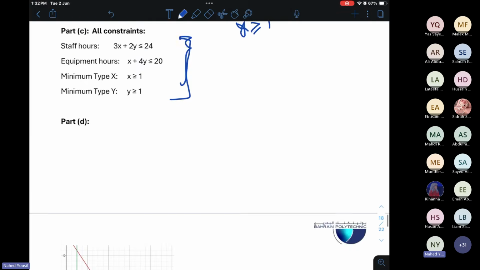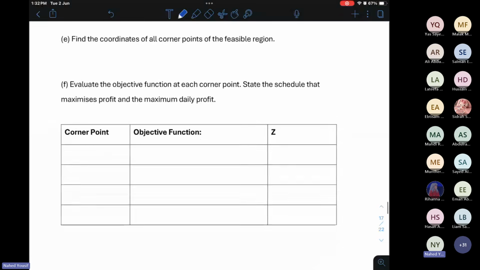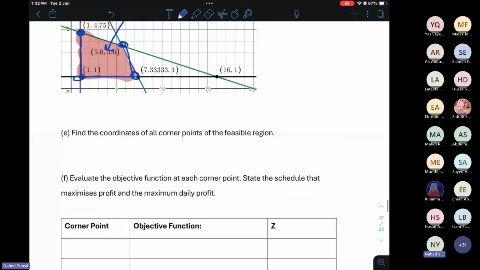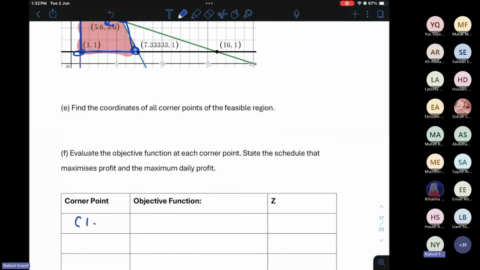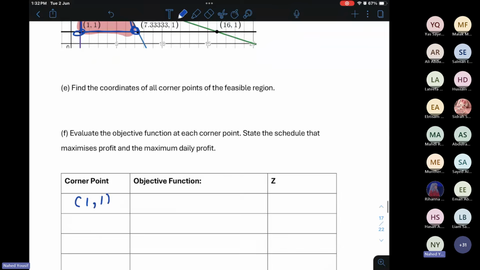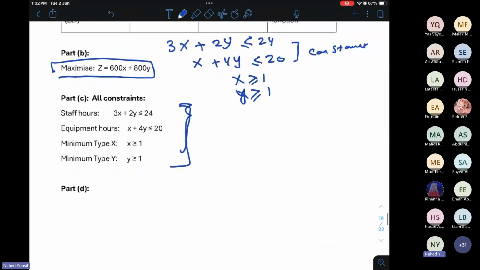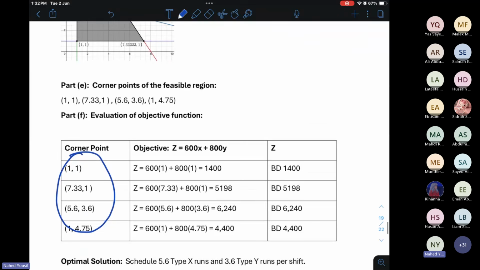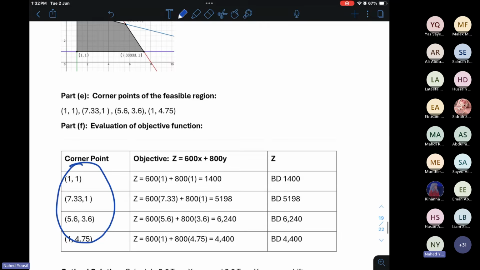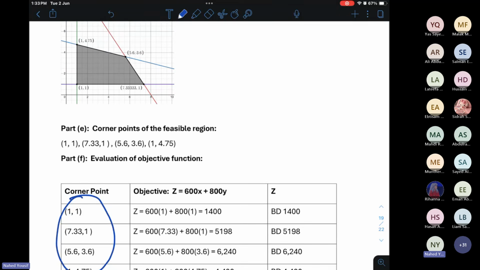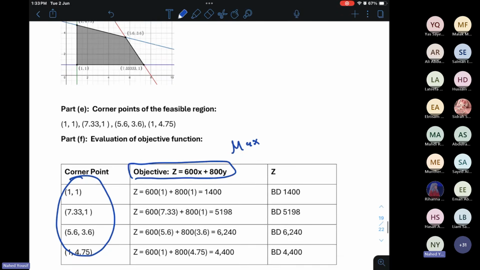Corner point. So you have to fill the table with the corner points from the graph. Just from the graph, we put 1, 1. It's easy to complete the whole table as shown here. Is that clear? Then you have to substitute, and think about the objective function that we have to maximize or minimize. Put it in front of you, and substitute each value, putting your x and y, 1 and 1.